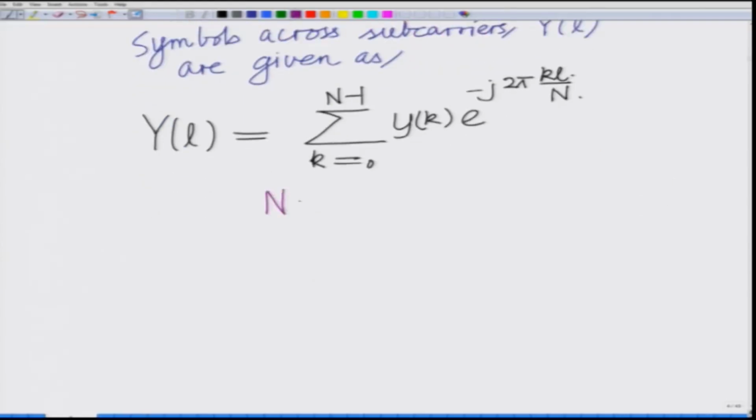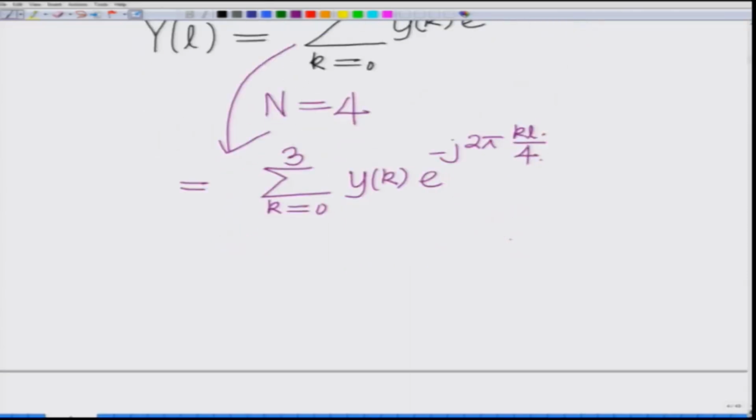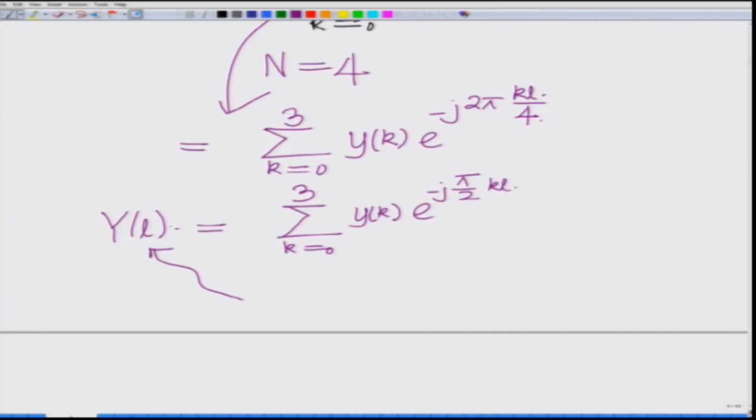Now, we have to set n equal to 4, which is the number of subcarriers or frequency points in our system, which is equal to summation k equal to 0 to 3 of yk e power minus j 2 pi k L by 4, which is equal to summation k equal to 0 to 3 of yk e power minus j pi by 2 k L. These are the symbols across subcarrier L, or the symbol at the Lth FFT point, or the sample in the FFT domain.